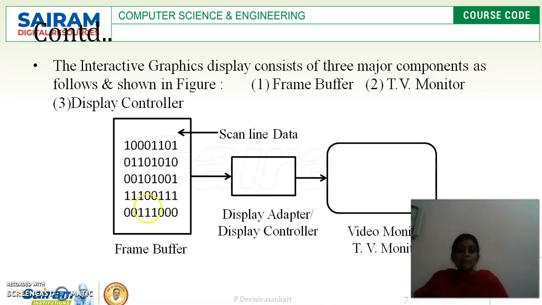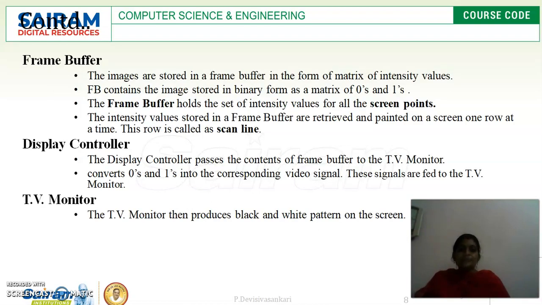Okay, and the object will be given to the display adapter or the display controller. Again through this display adapter, the output image will be given to the video monitor. Video monitor means it can be your laptop or a desktop or your palmtop, whatever it is. Everything is considered a monitor only, right?